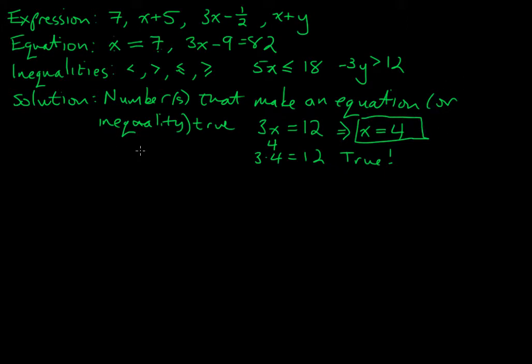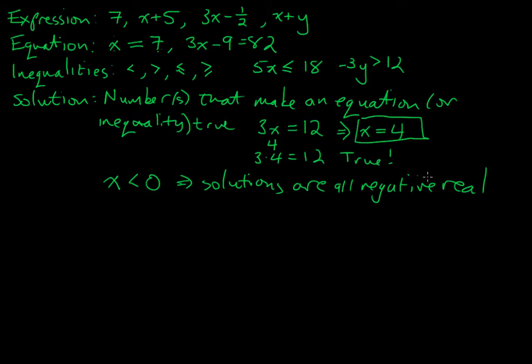Same thing for inequalities, except the solutions for inequalities are sets of numbers. So for something like, well, I'll just give you a simple one: x less than 0, say. The solutions are all negative real numbers, and you could graph that on a number line if you like.